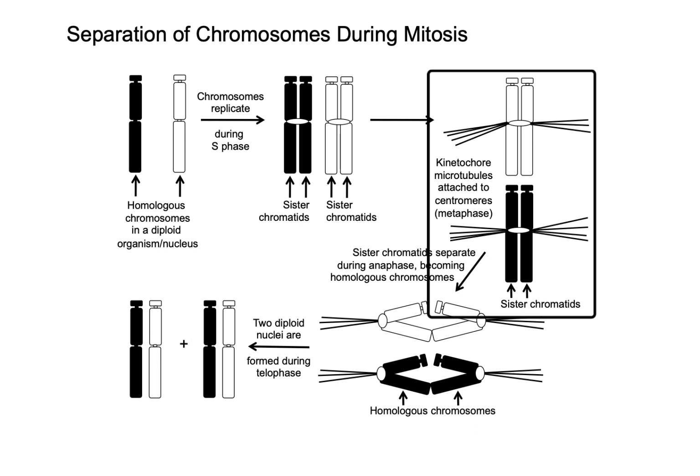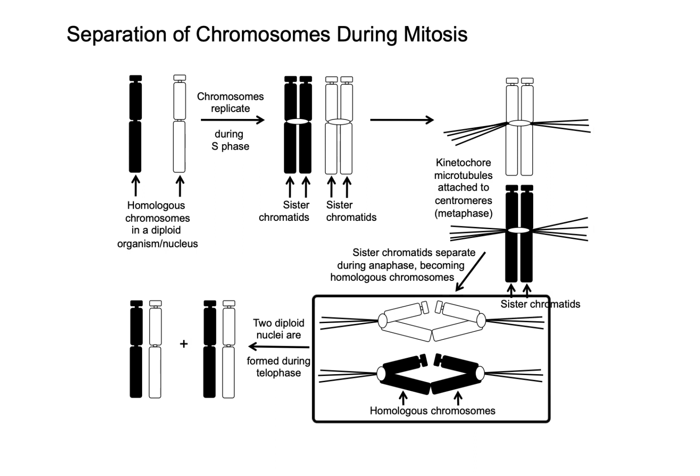The centromere is a specific part of the chromosome, and the kinetochore is a protein complex that attaches to those sites and attaches to the microtubules. During anaphase, then, the sister chromatids are pulled apart, becoming chromosomes again.